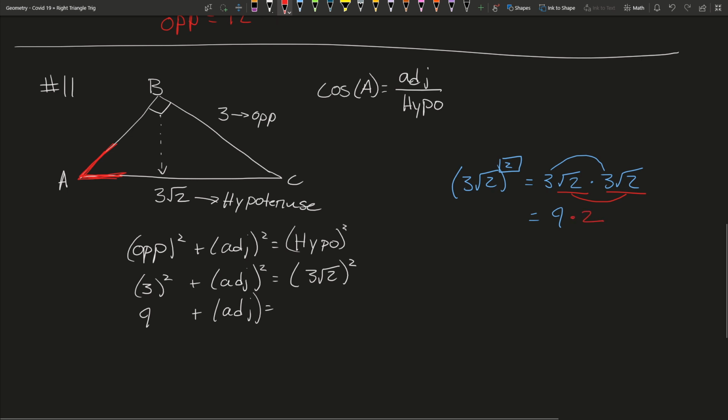So then we have 9 times 2, which is equal to 18. And then we can finish solving for the adjacent squared. All right, so we have to subtract over the 9. And then take the square root of both sides.